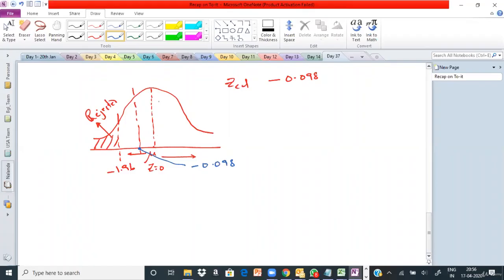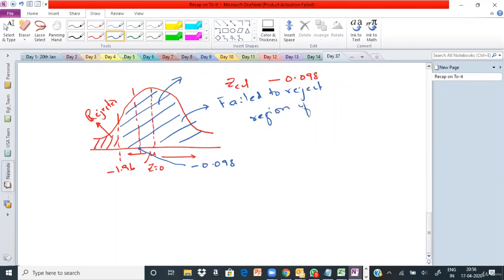That means this entire thing is a fail to reject region of H0, which you call the acceptance region. This is fail to reject. Fail to reject region of H0. That means it is an acceptance part.